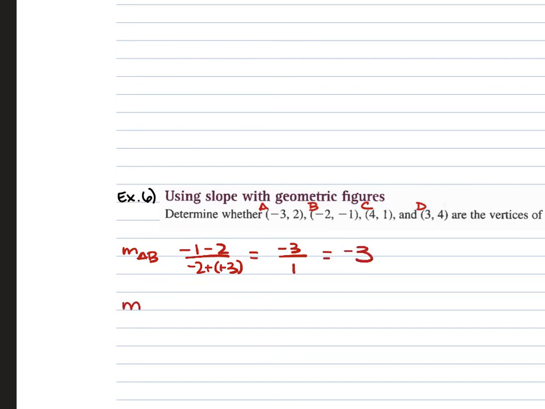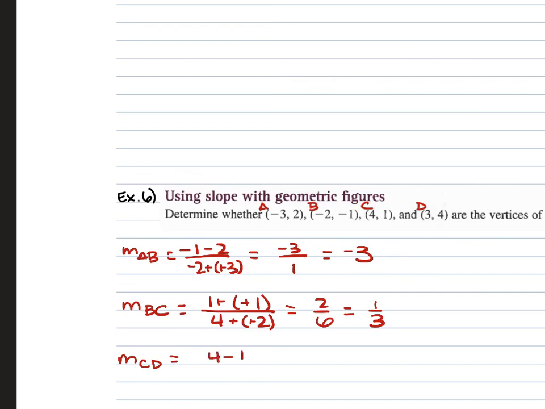The slope of BC is going to be 1 minus negative 1 over 4 minus negative 2. So 2 negatives become positive, so that's 2 over 6, which is 1/3. For the slope of CD, what you can do, 4 minus 1 over 3 minus 4. 4 minus 1 is 3 over 3 minus 4 is negative 1.